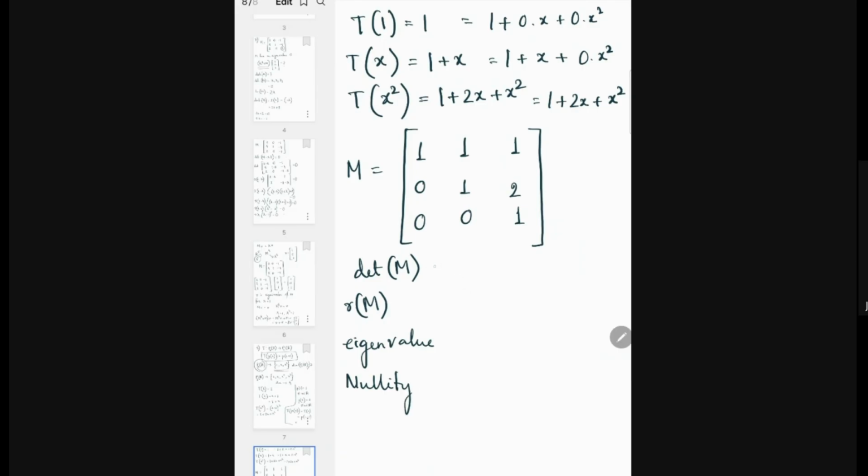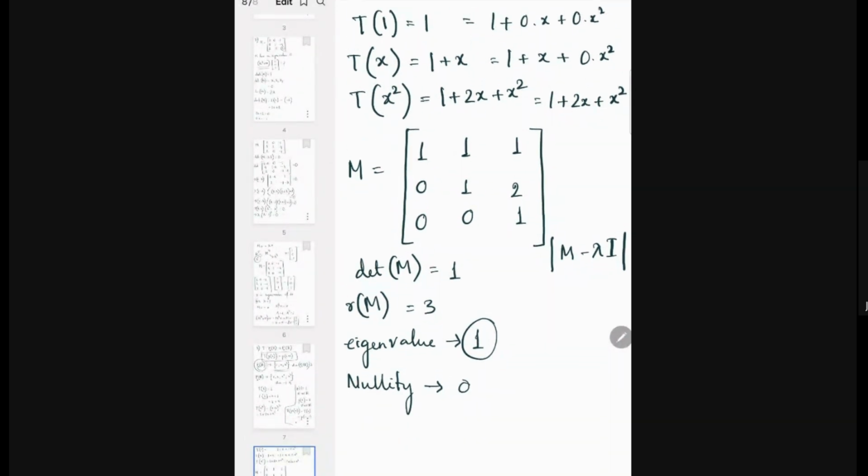Determinant is not 2 because we can clearly see it is 1. Rank of M is 3. For the eigenvalue, if we do M minus lambda I, we will get 1 as the eigenvalue. And rank of M is 3, so from the rank nullity theorem, nullity is 0.